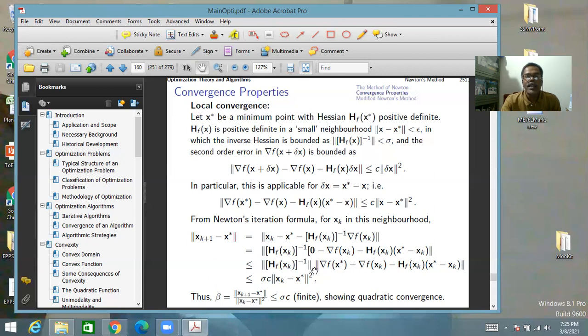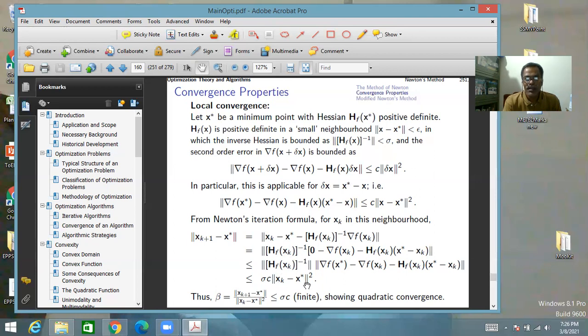And here is the norm of that, and from the Cauchy-Schwarz inequality you know that norm of A into B is less than or equal to norm of A into norm of B. So this thing is less than or equal to norm of this into norm of the vector. And norm of this is bounded by sigma, and norm of this is bounded by c delta x whole square, c delta x mod square.